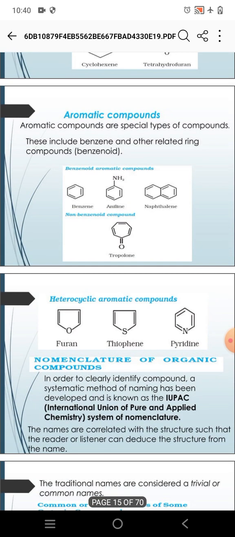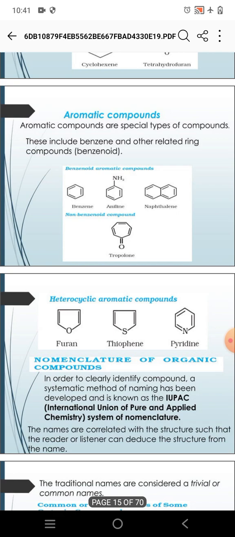Next, aromatic compounds. Aromatic compounds are a special type of compound. These include benzene and other related ring compounds. This is called benzenoid. Benzenoid aromatic compounds: one is benzene, another is aniline. In aniline, one benzene is the base and the other is a substituent group, where the NH2 group substitutes a hydrogen.